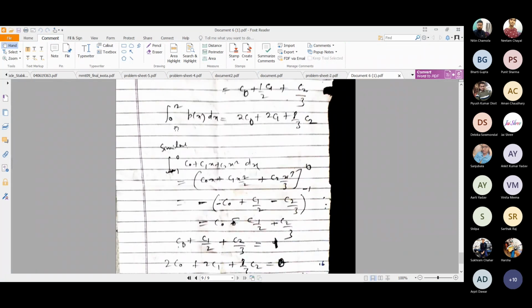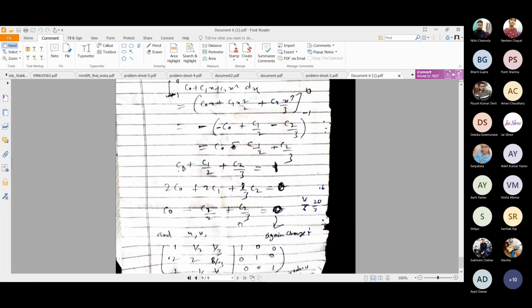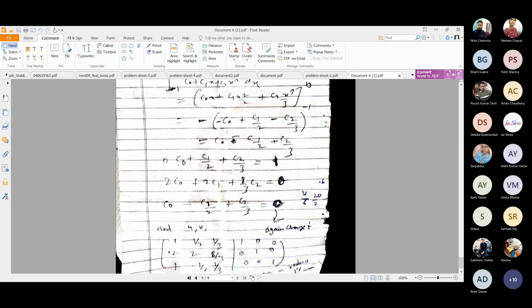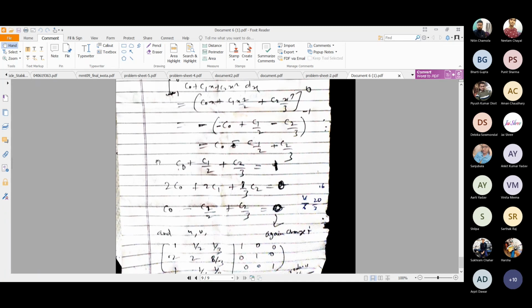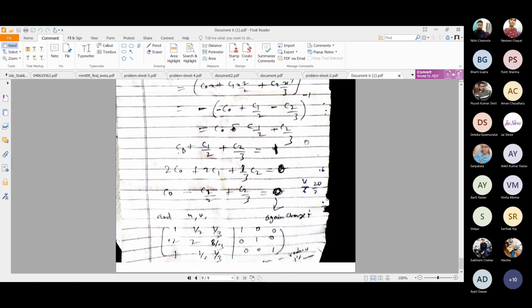Similarly, you can do it for the integral from 0 to 2 of px dx, and for the one from minus 1 to 0, where you have c0 minus c1 by 2 plus c2 by 3. Because these are the values, you can write this equal to 1 0 0, and you can change this vector to 0 1 0 and 0 0 1 to find the others.